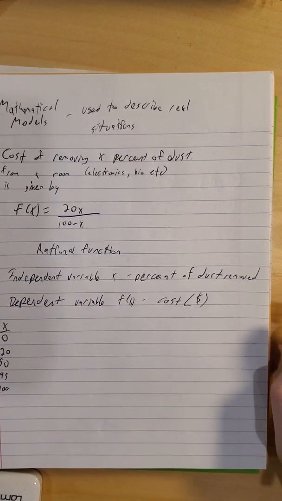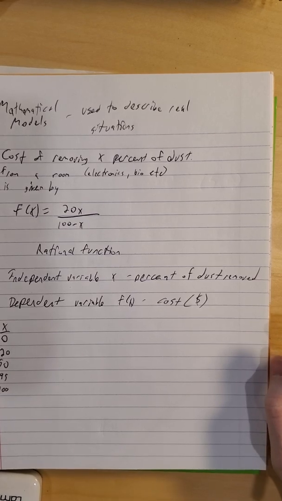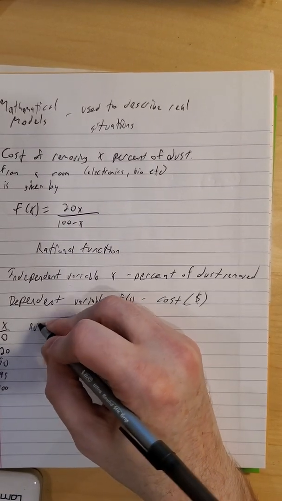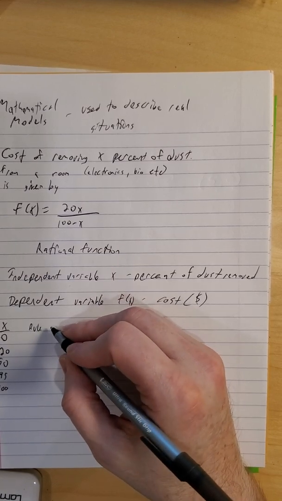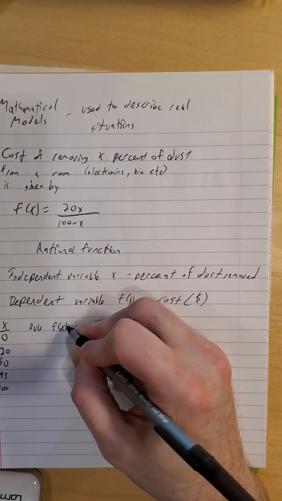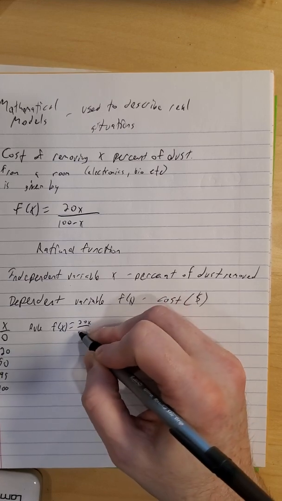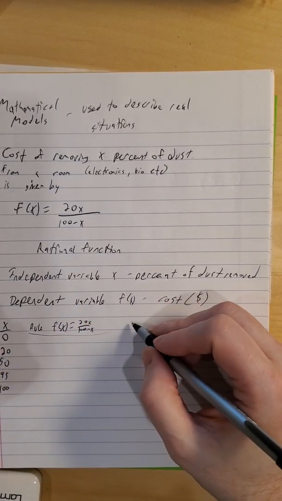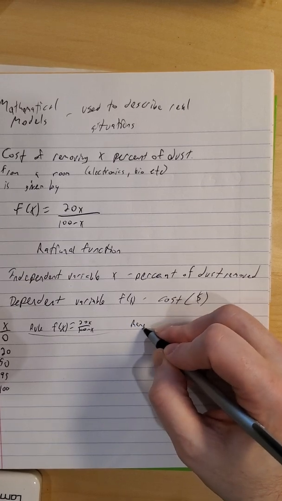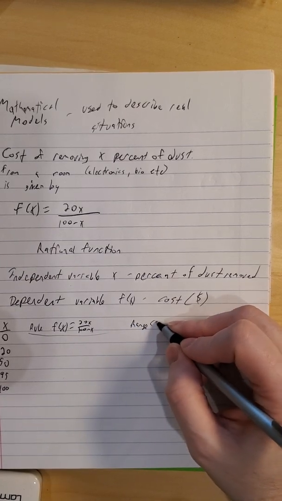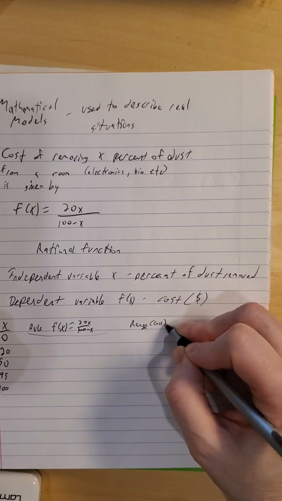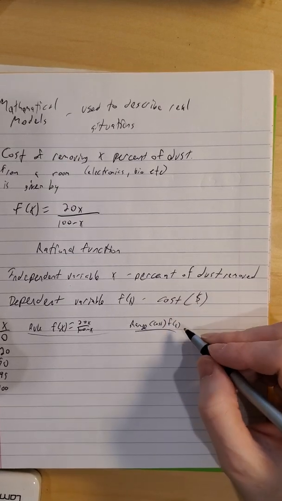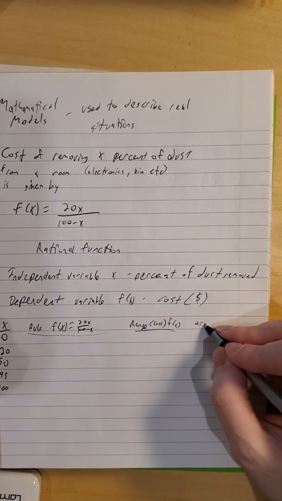And we'll take a look at what happens with 0, 20, 50, 95, and 100. So our rule for this model, f of x is 20x over the quantity 100 minus x. The range, the cost, is our f of x, and our ordered pair.